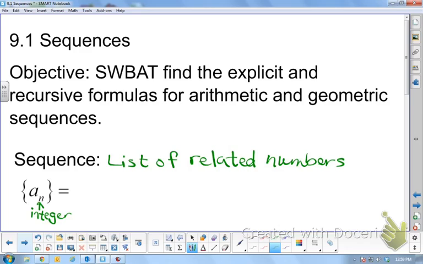Normally n starts at 0 or 1. Most commonly it starts at 1, but it can also start at 0. Occasionally it'll start at 2 or 3, but a sub 1 is the first term, a sub 2 is the second term. It's a list, and then the ellipses just mean keep going in the same pattern.